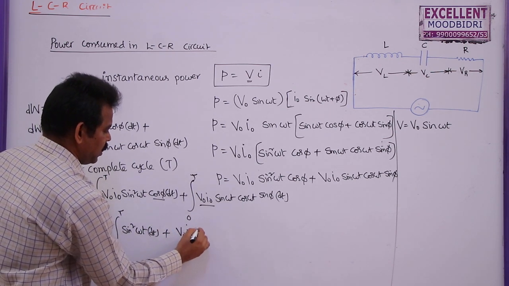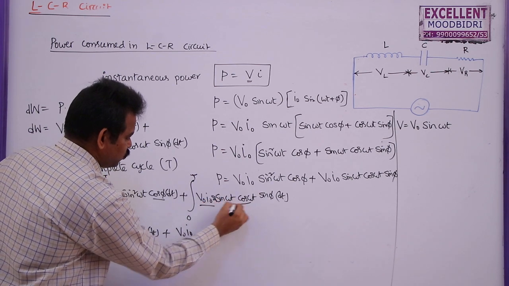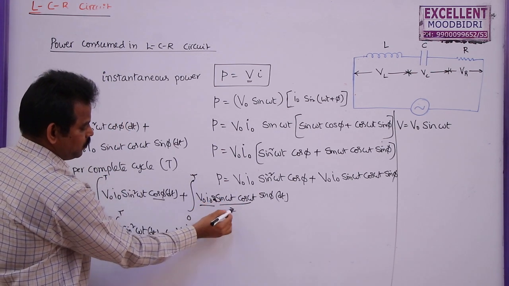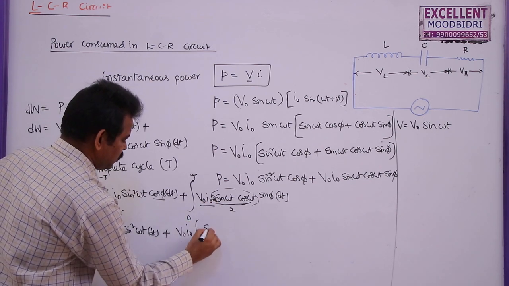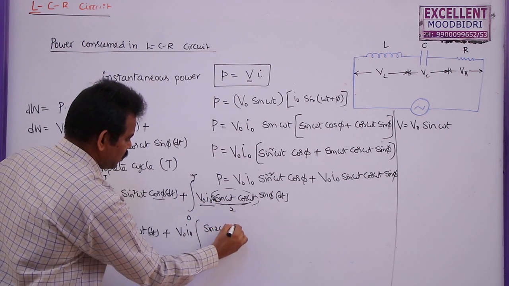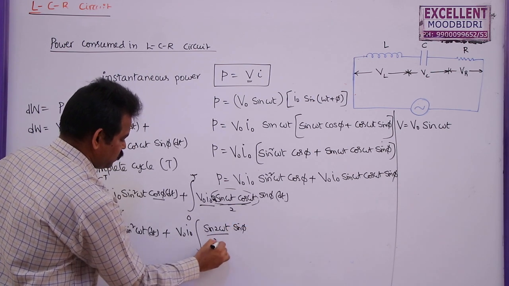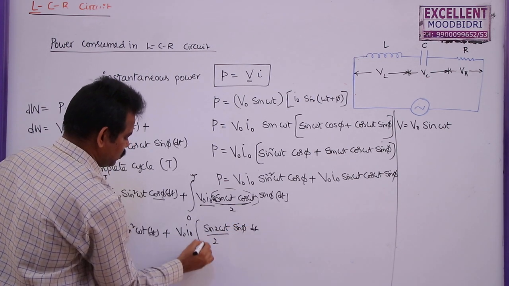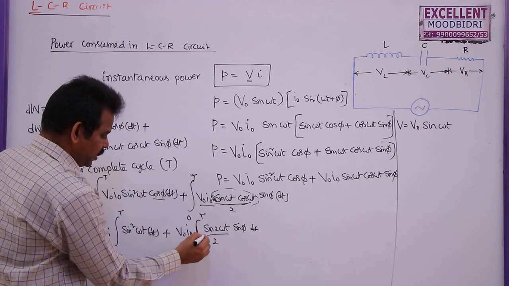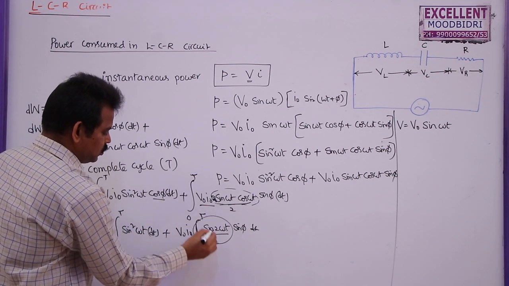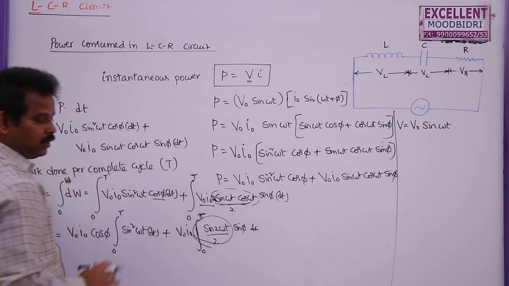You can write this as 2 by 2, multiplied by 2 and divided by 2. This is sin 2 omega t sin phi by 2 into dt with limits 0 to T. Already we studied this: the integral of sin 2 omega t is always 0 with limits 0 to T.